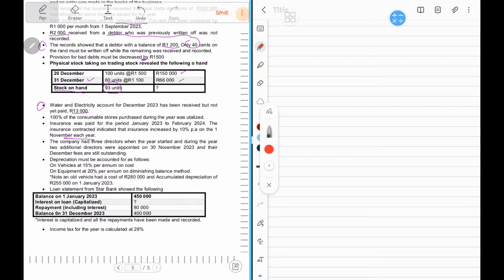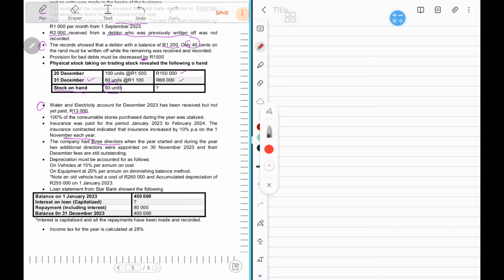Then we are also being told that the company had 3 directors. Remember earlier on I said that first identify the number of directors. So first of all, we currently have 3 directors, meaning that we're going to have director A, B, C already.